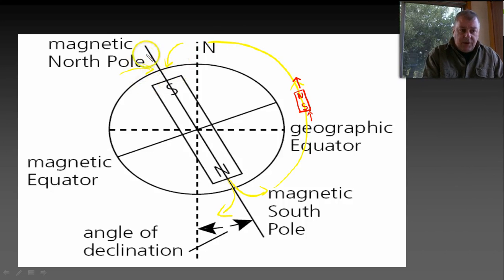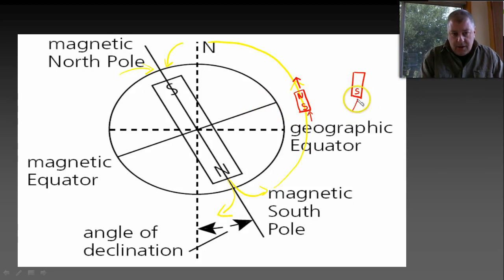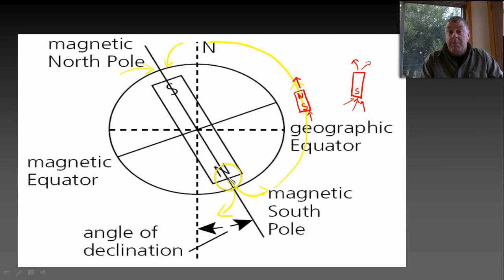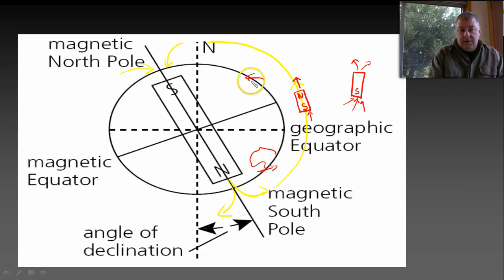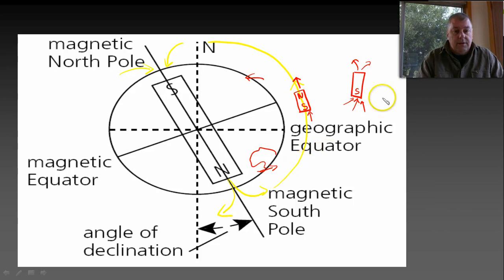And so if field lines are going in here, if we make an analogy to our bar magnet, field lines go in the south, and come out the north. So if the Earth's magnetic field was due to a big bar magnet, we would need a north there because they're coming out. So here in Australia, and in Tasmania, our field lines are coming out of the ground. And in the northern hemisphere, we would say the Earth's magnetic field lines are going into the ground.